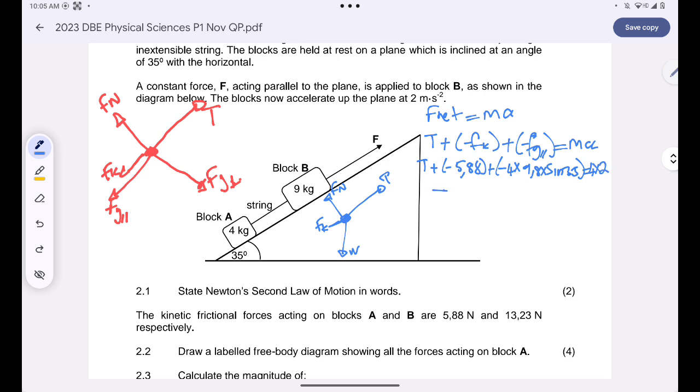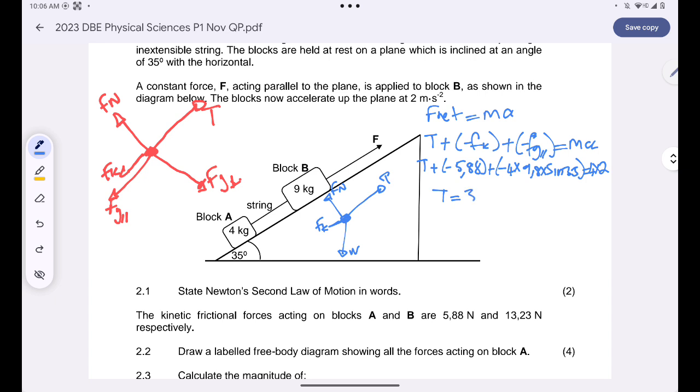Then I'll find my tension to be equal to 4 times 2 plus 5.88 plus 4 multiplied by 9.8 multiplied by sine 35.